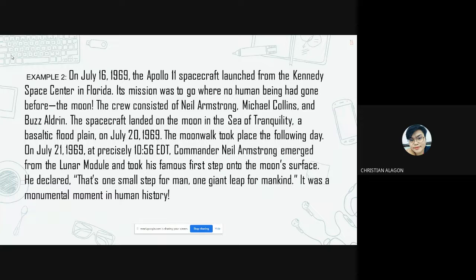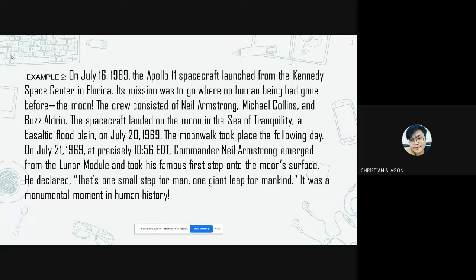The moonwalk took place the following day, on July 21, 1969, at precisely 10:56 EDT. Commander Neil Armstrong emerged from the lunar module and took his famous first step onto the moon's surface.